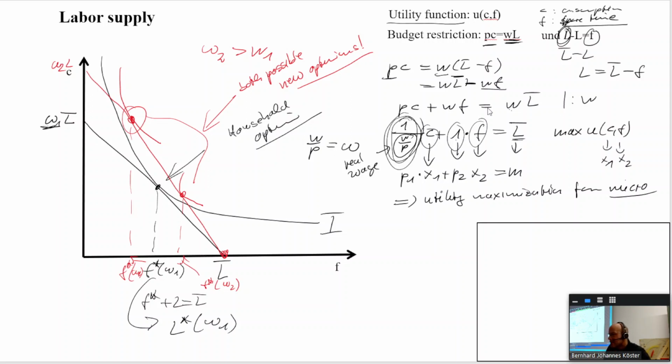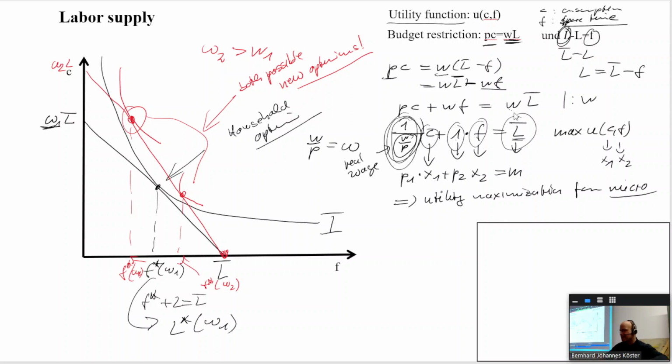So this is somehow something like a numeraire within our model. And the time I could work, in general, we would say if we have to sleep 8 hours per day, then you can think that you can work 16 hours per day.